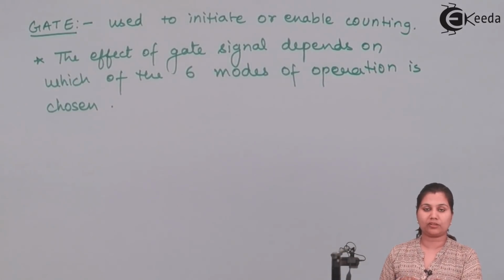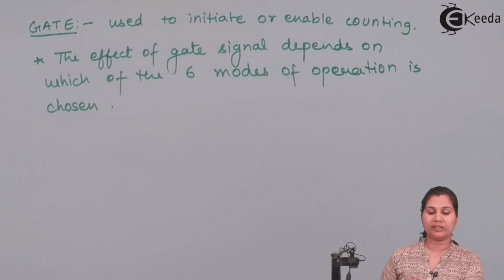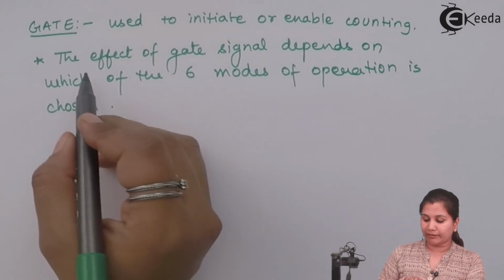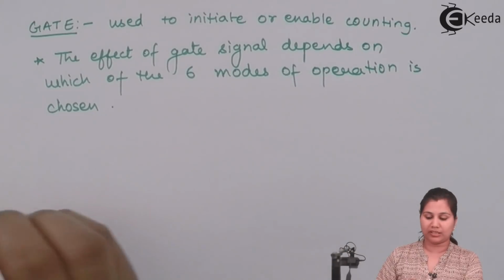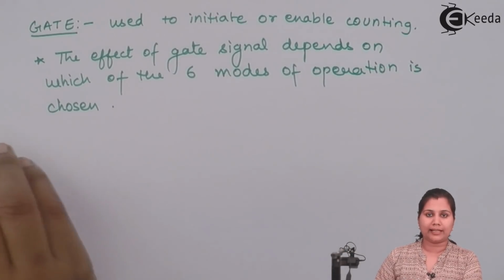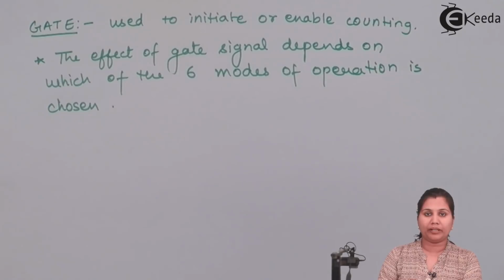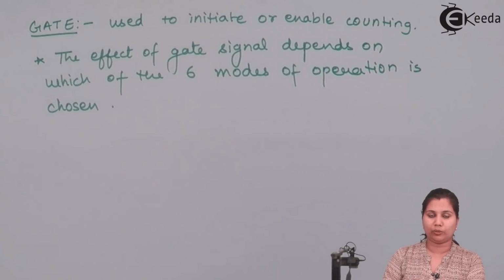Means the counting or decrementing process is going to start when the gate signal is given. The effect of the gate signal depends on which of the 6 modes of operation is chosen for the timers. So the timers are going to start the decrementing process only when the gate signal is given to it, and every time the clock pulse transits from high to low, the counter will be decremented.